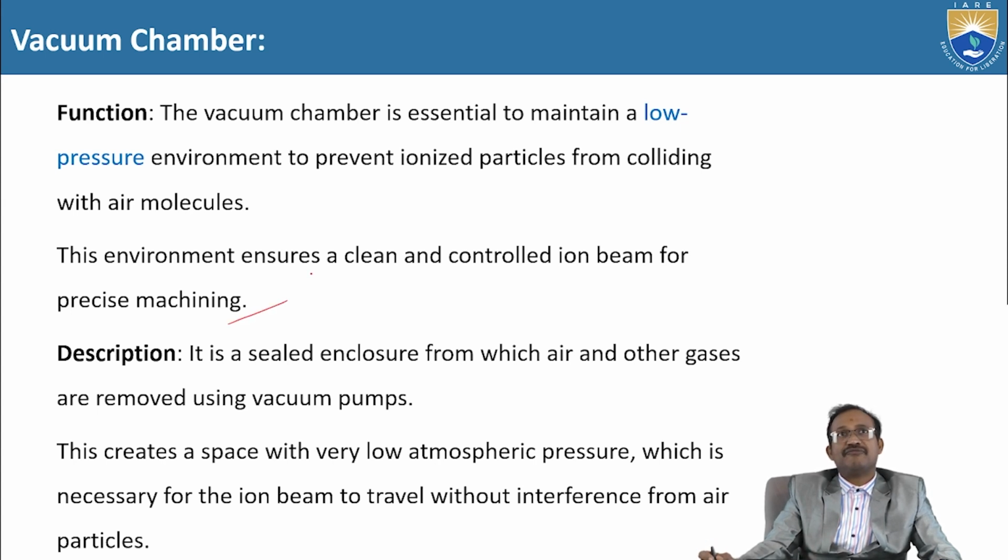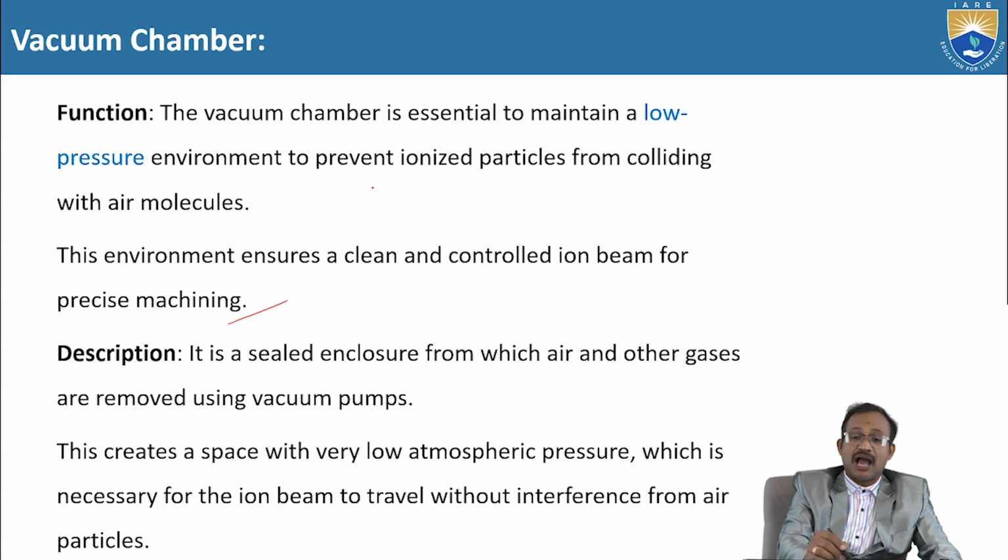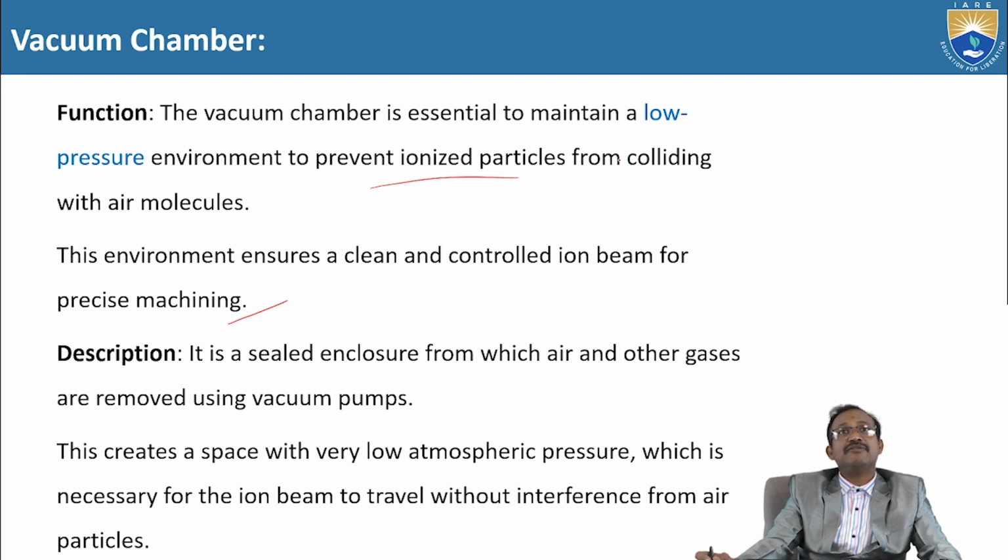So the main function of the vacuum chamber is to create vacuum which must maintain a low pressure environment to prevent ionized particles from colliding with air molecules. If there is any pressure, then there would be a chance of these ionized particles colliding with the air molecules.